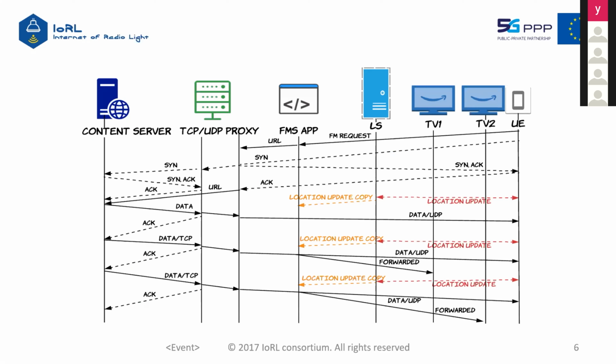The proxy splits the session into 2 TCP sessions, a user equipment proxy and a proxy content server. The FMA monitors the Follow Me client's location updates and modifies the OVS flow rules when necessary, ensuring that traffic delivery to the correct TV is there.